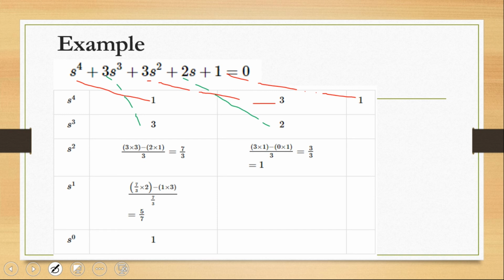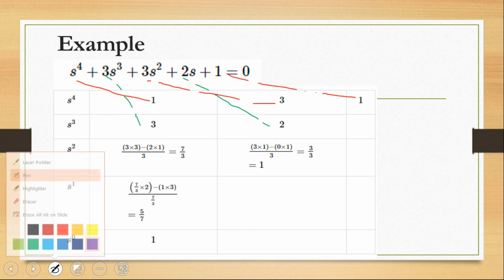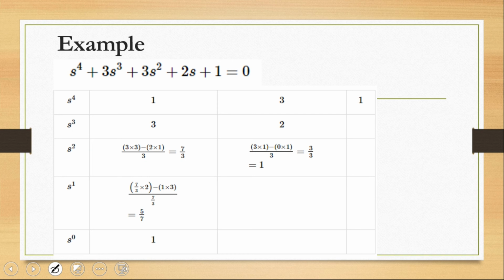Next is to obtain the third row, that is by finding the determinants. We take this as a matrix and find its determinant. So this is your B1. B1 equals 3 into 3 minus 1 into 2 divided by this 3, which gives you 7 by 3, which is positive.